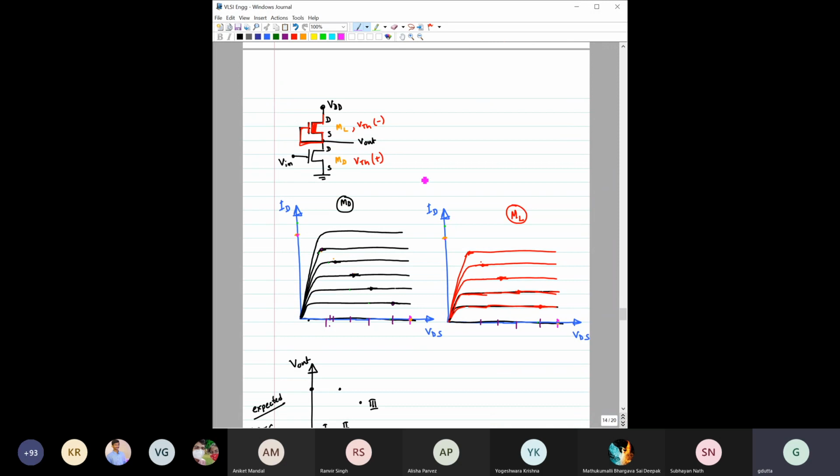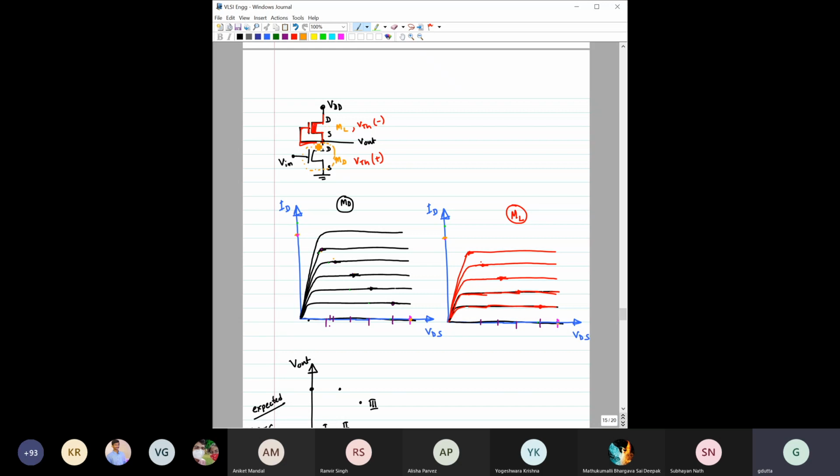So then consider this circuit, as shown here, right? So here what we have done, the bottom part, this part, is the normal NMOS, on top of which the load, which was earlier a resistive load, we have replaced by this. So this is what?